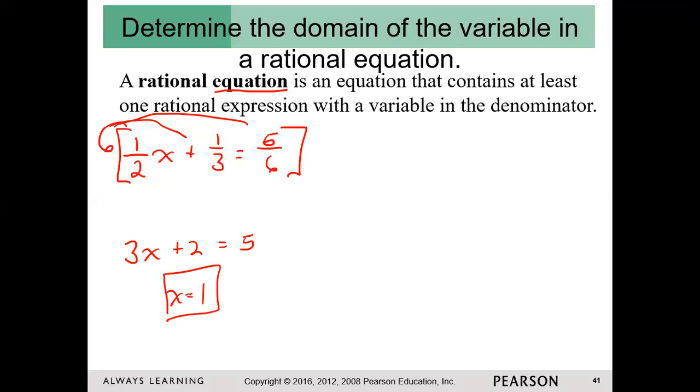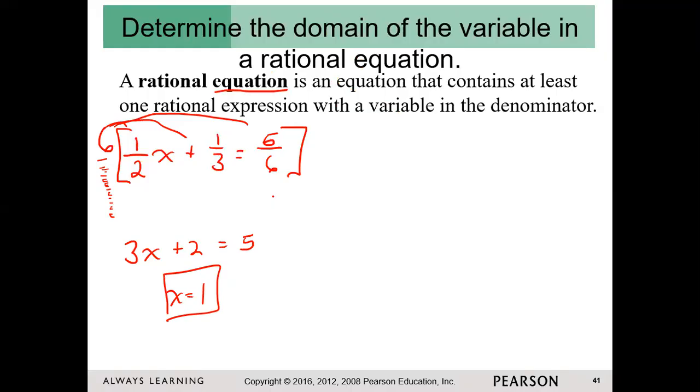So the idea behind multiplying by the LCD is going to be absolutely 100% critical to being able to do these rational equations where there's a variable in the denominator. So these are all numerical in nature, 2, 3, 6.